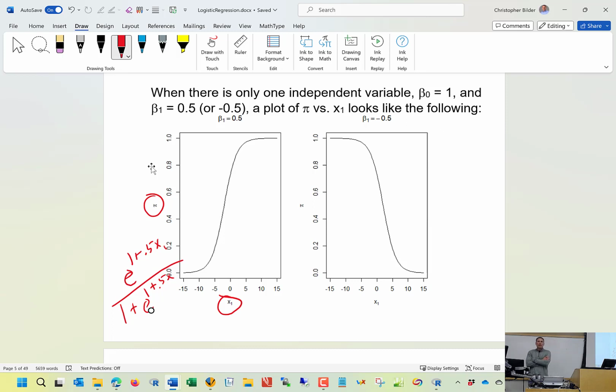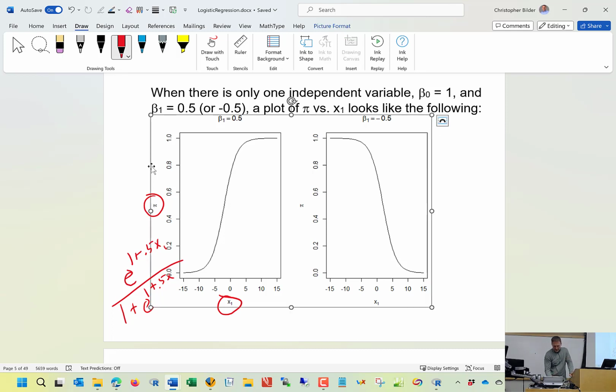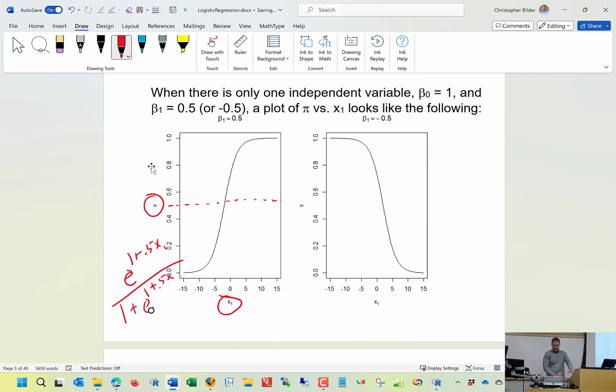Also notice it has a symmetry property. It's called rotationally symmetric. If I were to draw a straight line at pi equal to 0.5, you can see that if I take the stuff above that pi equal 0.5 line, I could rotate it down and get exactly what I have down below.